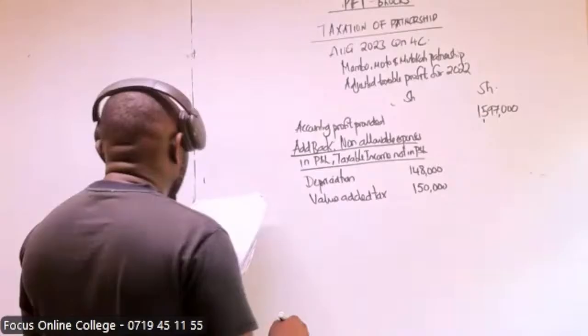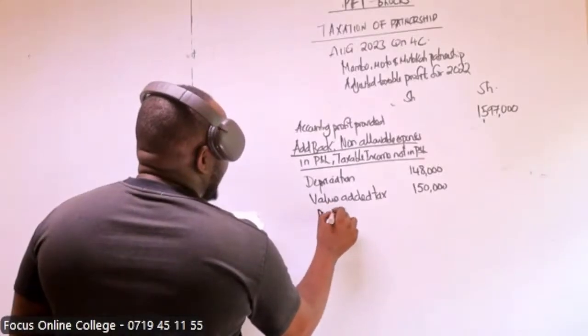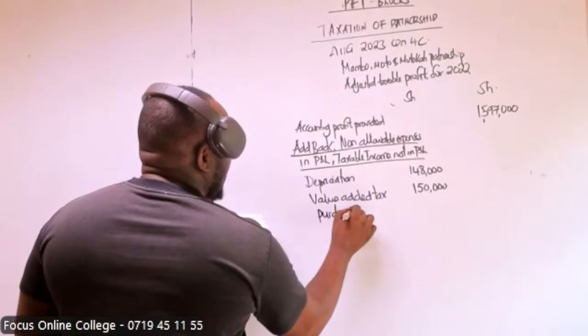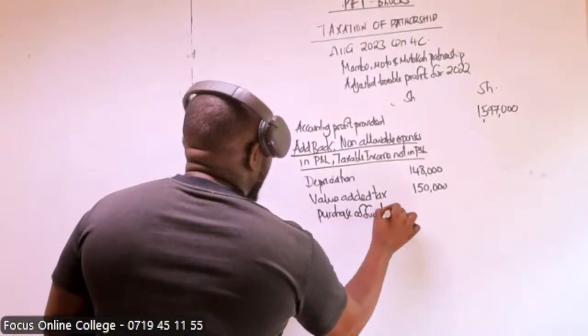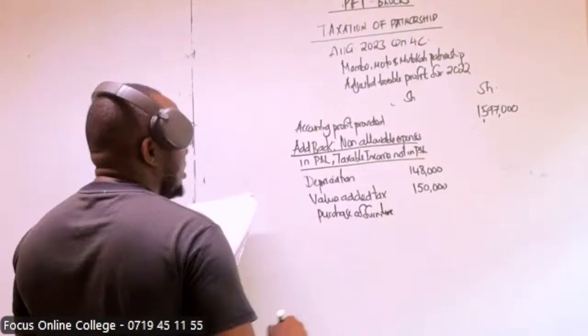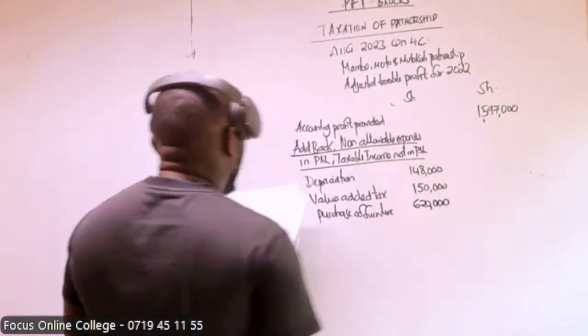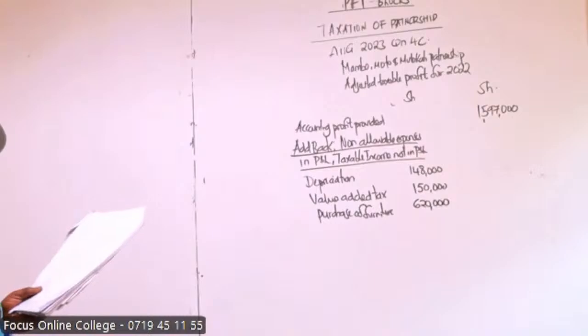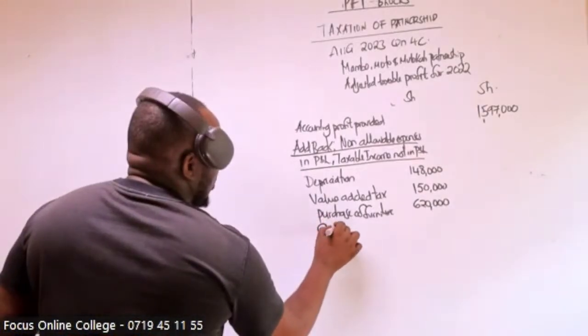Then we have the next, the purchase of furniture. What is the figure for the purchase of furniture? That should be 620. Purchase of furniture, 620. Then you have goodwill written off.